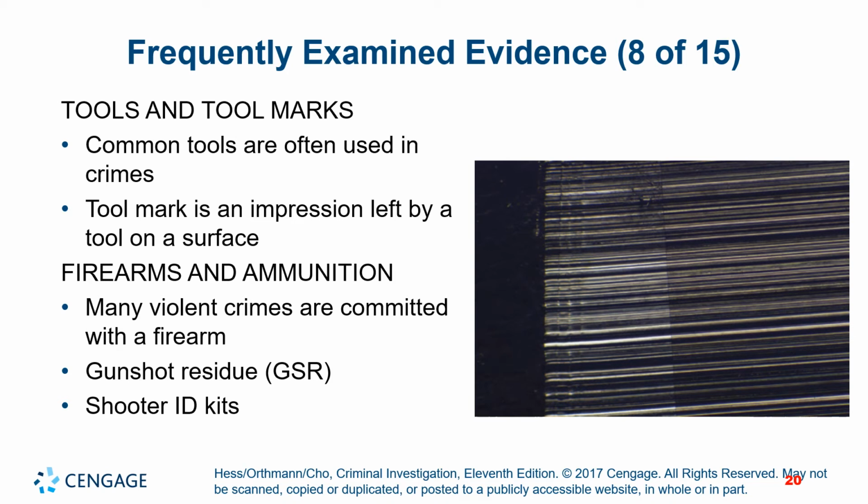Firearms and ammunition, as you well know, are frequently used, and there are many ways to identify both the weapon and the ammunition and whether or not a gun was used.